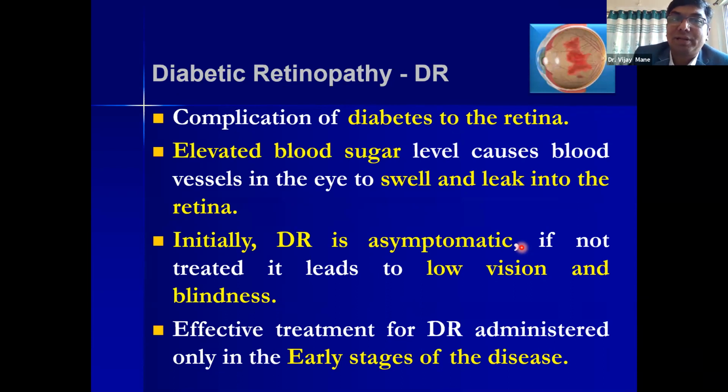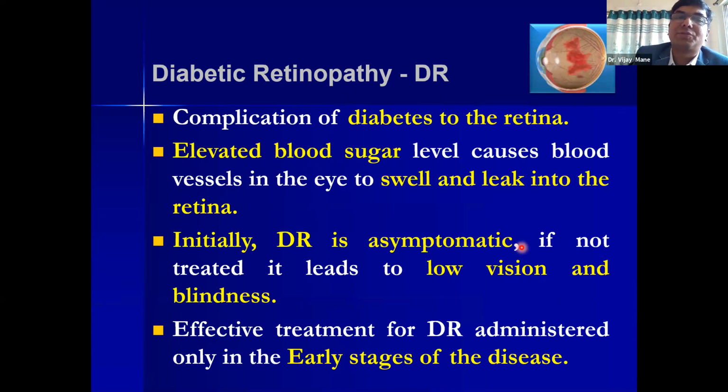The elevated blood sugar level causes the blood vessels in the eye to swell. Because of that swelling, they become fragile, they rupture, or they leak blood into the retina. You can imagine that once blood has leaked onto the retina, that particular part of the retina is unable to receive the light, because the light falling on the retina is blocked by those tiny blood drops.